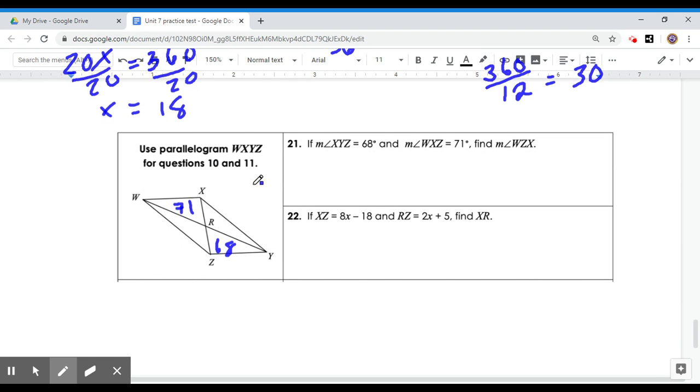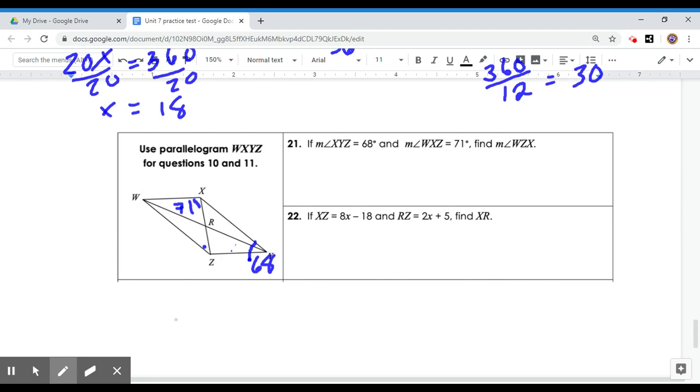I feel like I've done something wrong here. This is angle XYZ, sorry. So this whole thing is 68. WXZ is 71, so this guy right here. Find WZX. So we need to find that guy.